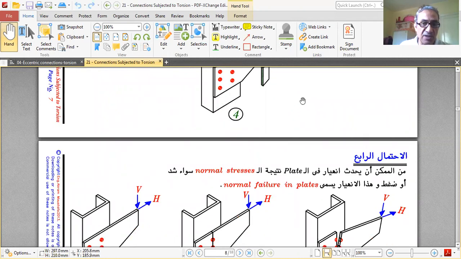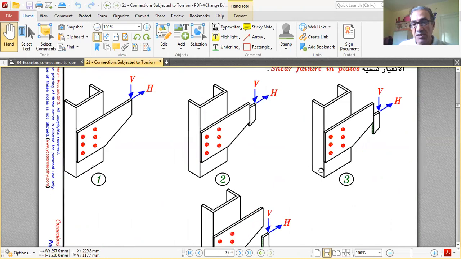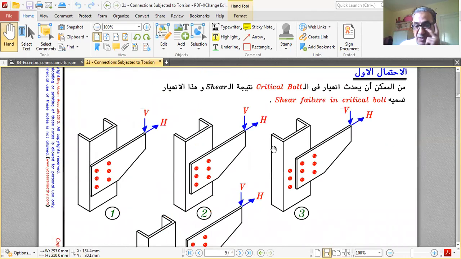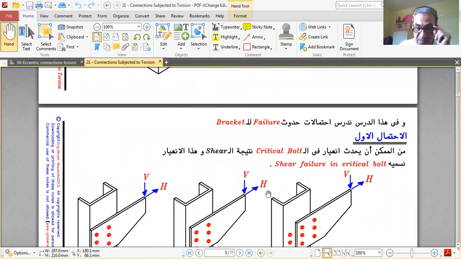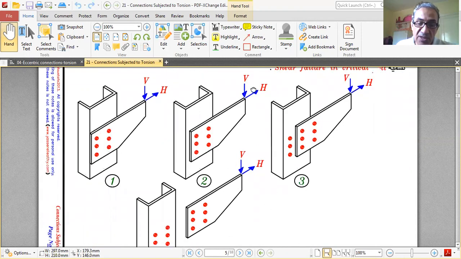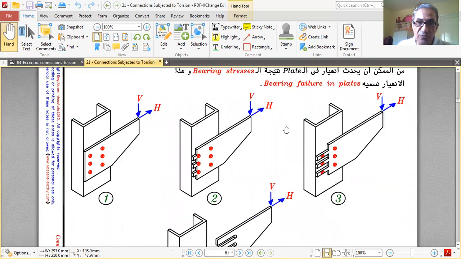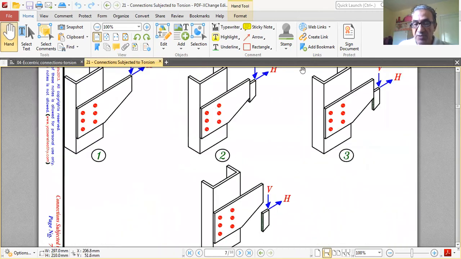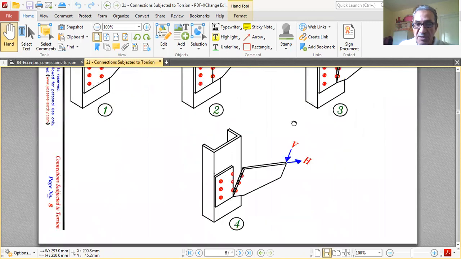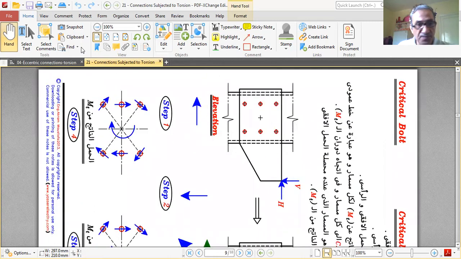So three are related to the plates and one is related to the bolt.